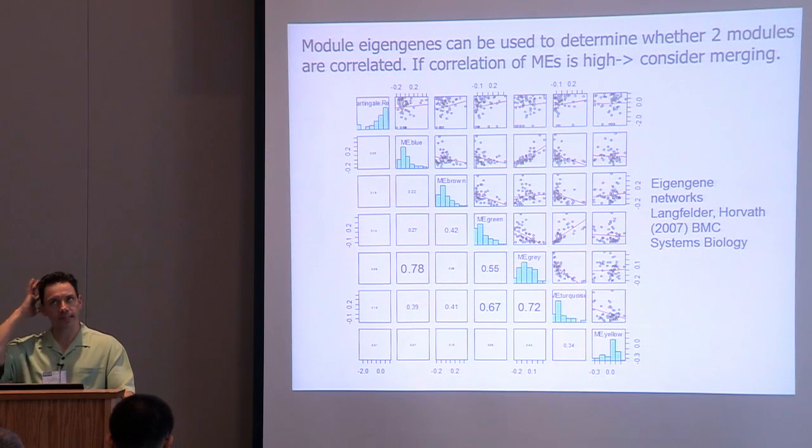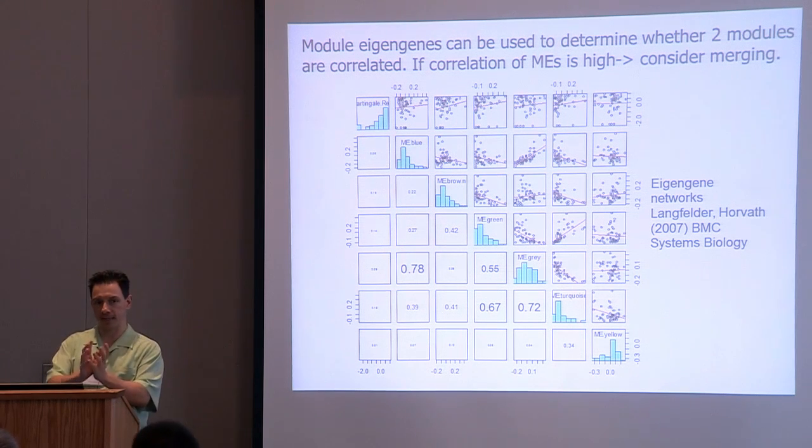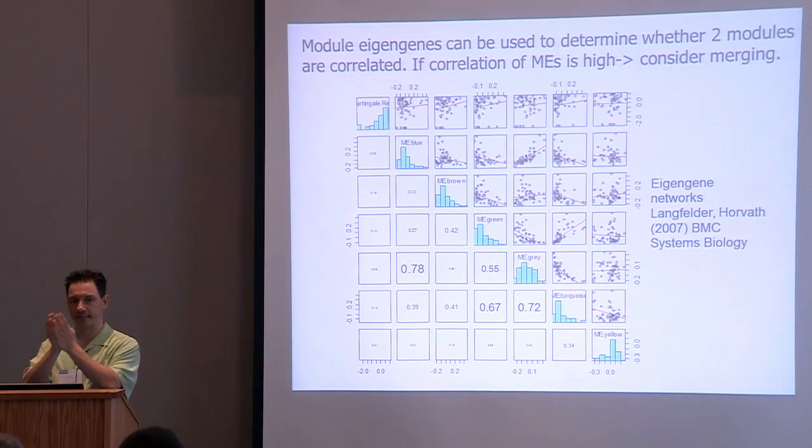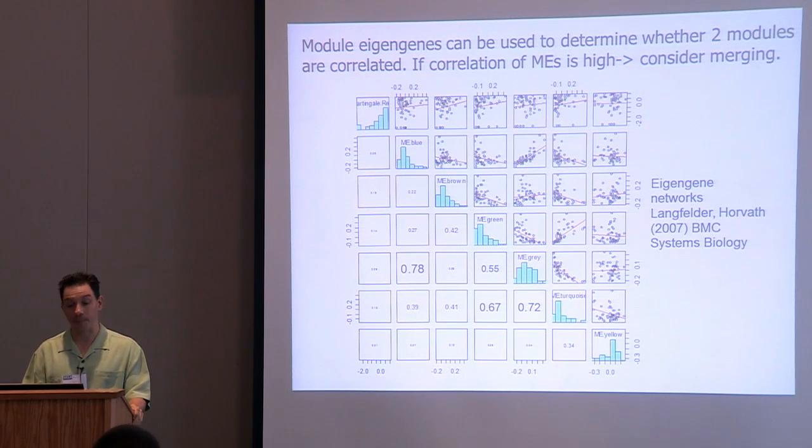That also addresses the comment we had earlier about stability of the hierarchical tree. As long as you have a strong enough signal so that there's a module represented by a distinct branch, however you get that branch, that set of genes, you will end up with the module eigengene, which is at the backbone of the entire analysis.